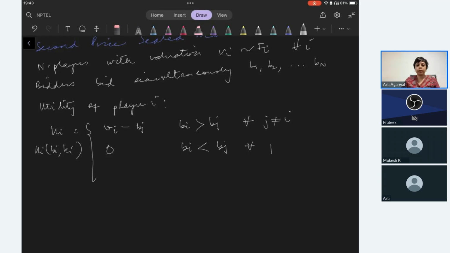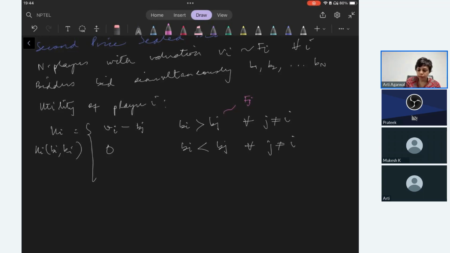Any player j, other than i, has the same CDF Fj, because vj follows the CDF Fj. If it's missing in the question, you can assume that bj is a linear function of vj, so bj is also following the same distribution, Fj.